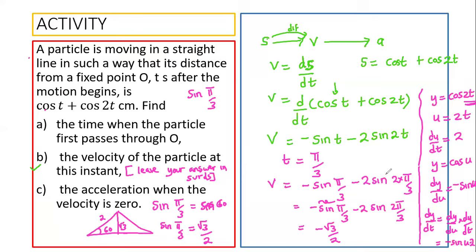Members, when you have sine of 2 pi out of 3, I don't know which answer you are getting. Which answer are you getting for 2 pi out of 3?